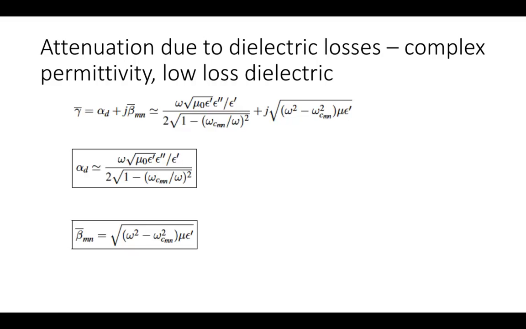I do want to point out that as the frequencies get higher and higher in the microwave regime, we are less likely to have a low loss dielectric and more likely to have a lossy dielectric, because loss of that dielectric increases in a nonlinear way with frequency. So you do need to be sure in using these formulas that you confirm that at your propagating frequency you do indeed have a low loss dielectric.